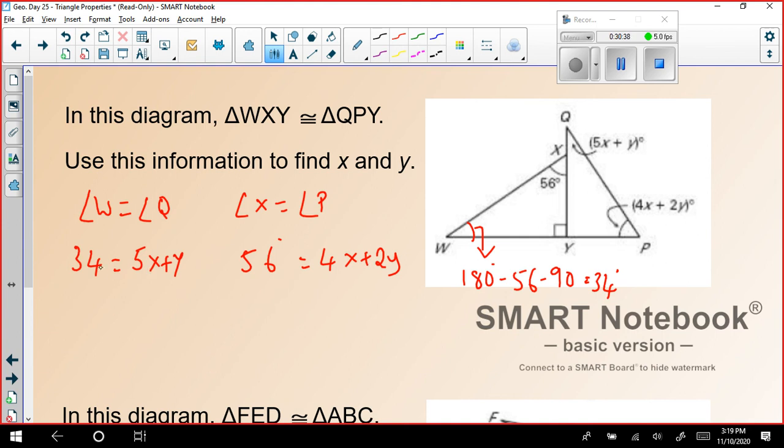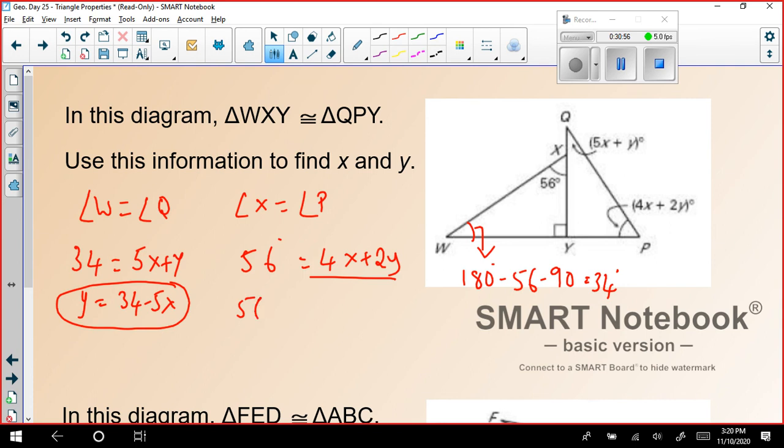I'll use the substitution technique. Subtract 5x from both sides to get y equals 34 minus 5x. Substitute that y equals 34 minus 5x in this particular equation.